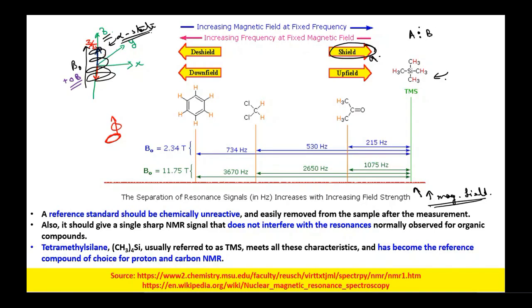If B is more electronegative, it will pull this lone pair of electrons towards itself, and comparatively the electron cloud over A will be reduced. In other terms, A will become de-shielded.